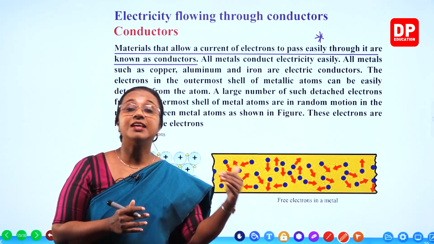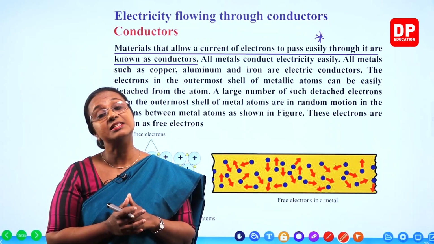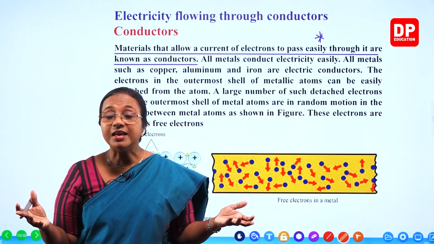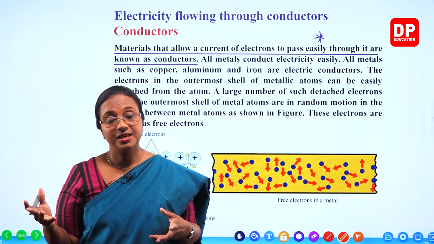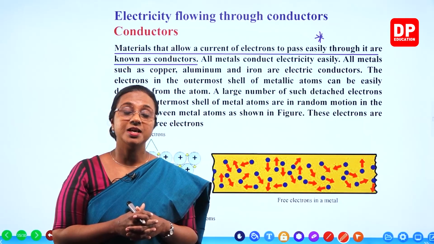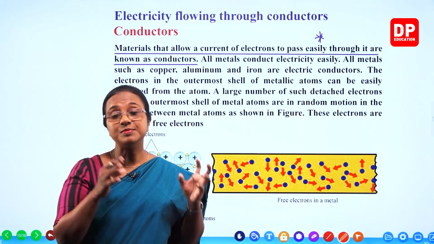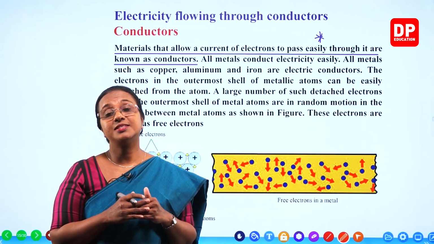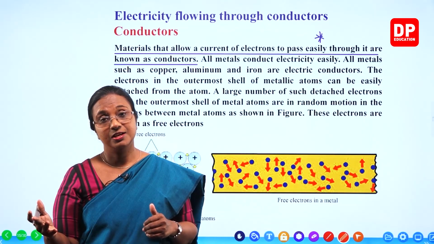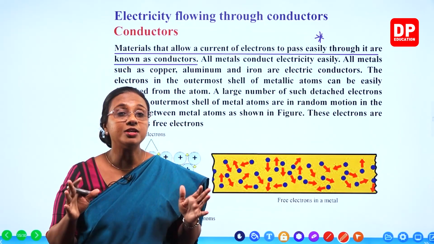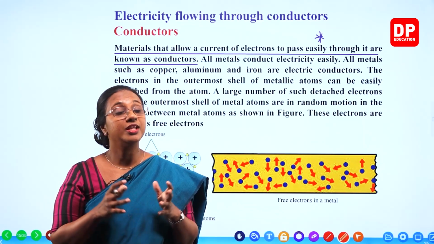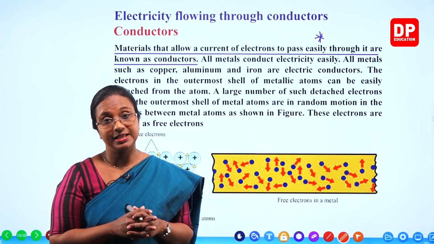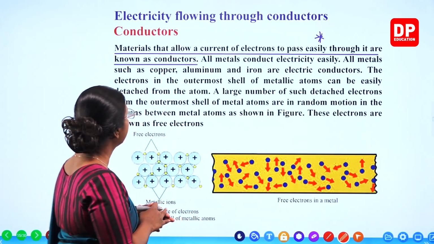Because of that, current electricity can pass through metals easily. But if you take something like wood or plastic, that is also made up of atoms, but the way the atoms are combined in that matter, the charges cannot flow easily. Because of that, they are not good conductors, or they do not allow electrons to pass easily. That is what you need to understand.